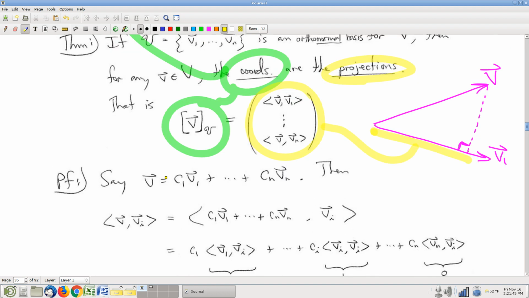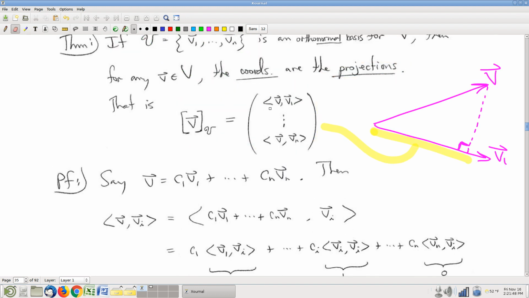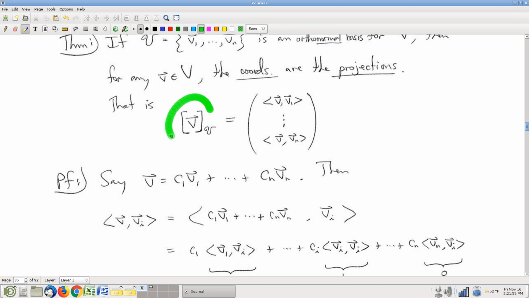It's a pretty straightforward proof. So let's suppose we already know the coordinates. Keep in mind the coordinates are coefficients in a linear combination. Suppose we know those. The way I would compute the projections one at a time is with this inner product. So I'm going to take the vector in question and then do inner products with these basis vectors.